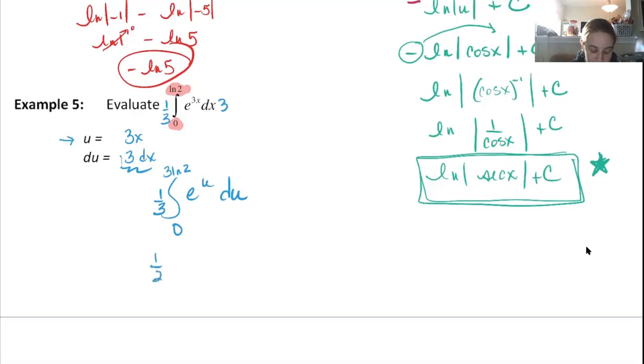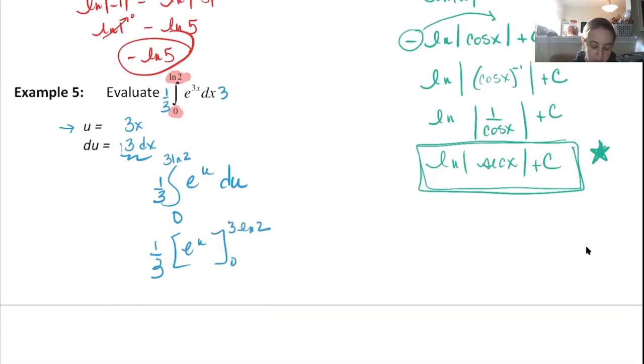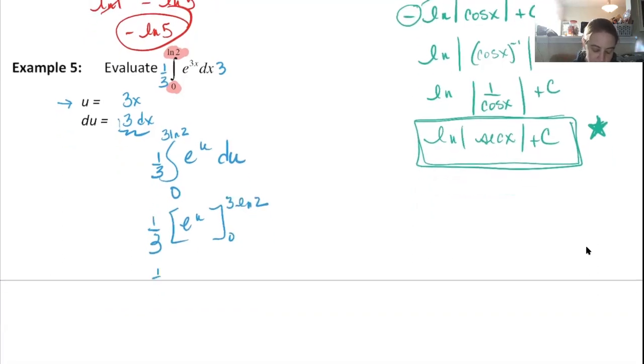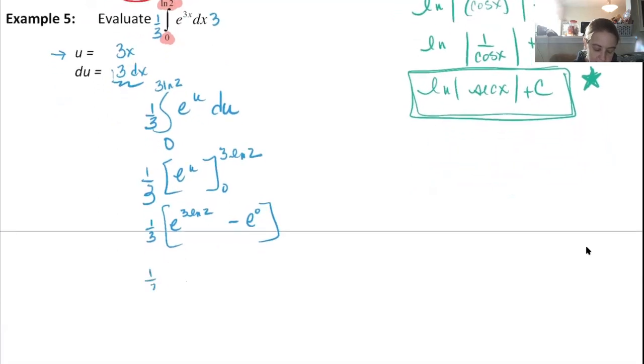So the antiderivative of e to the u is e to the u between 0 and 3 natural log of 2. So we're going to put our boundaries in. 1/3 e to the 3 natural log of 2 minus e to the 0. Now, our exponent friends, you might be a little rusty on these. E to the 0, that one's easy. Always 1.